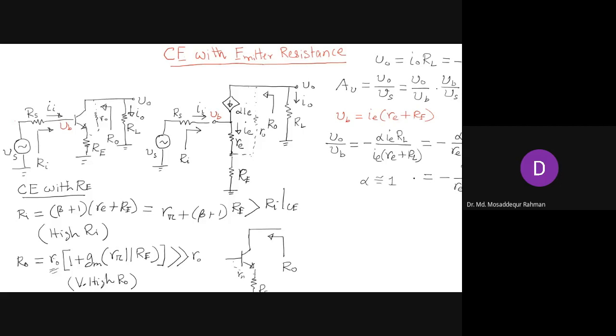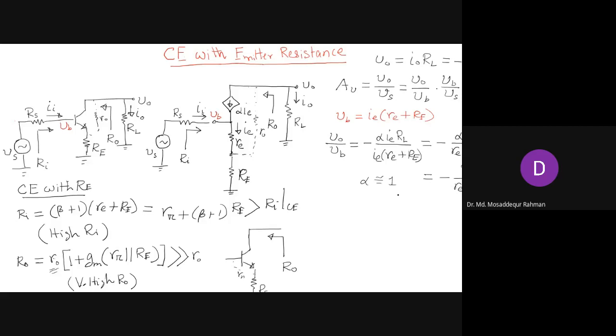And see that it is easy to remember because RL here is the resistance in the collector, and the denominator, sorry, it shouldn't be RL, no? Nobody is saying anything. This is RE. Right? The VB is re plus capital RE. So that is RE, not RL.